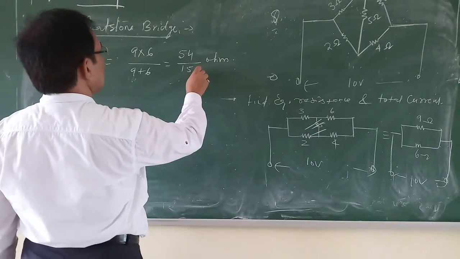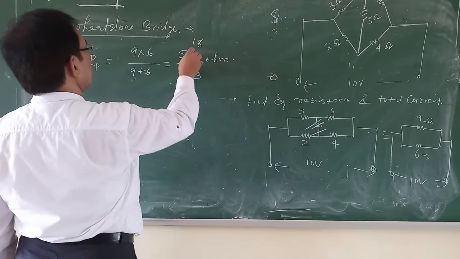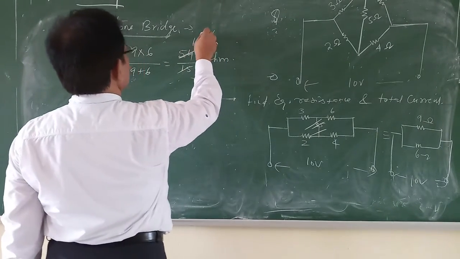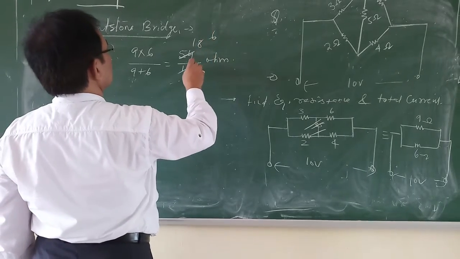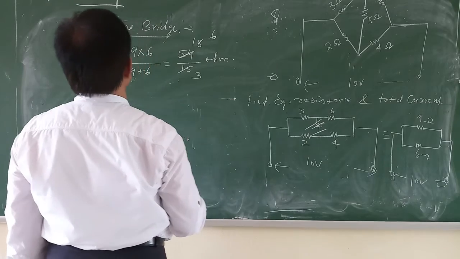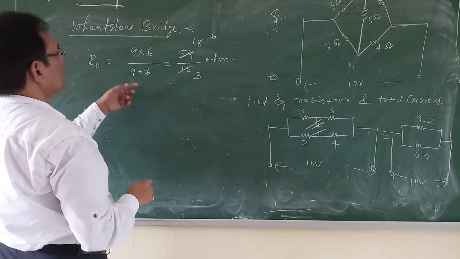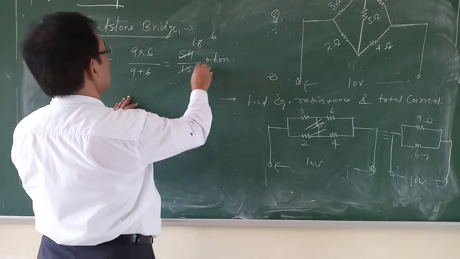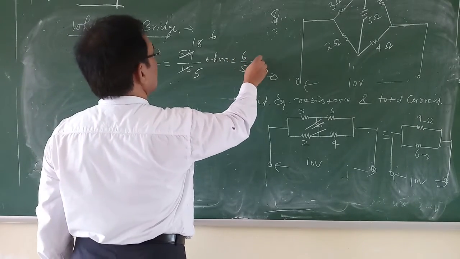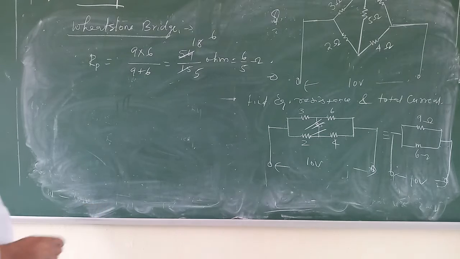This is 3 and this is 18, so this is 6. This is 5 and this is 18. So 18 by 5 ohm is the equivalent.